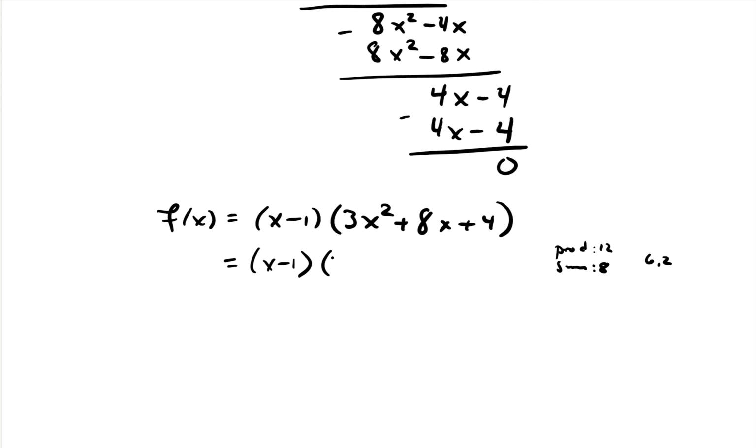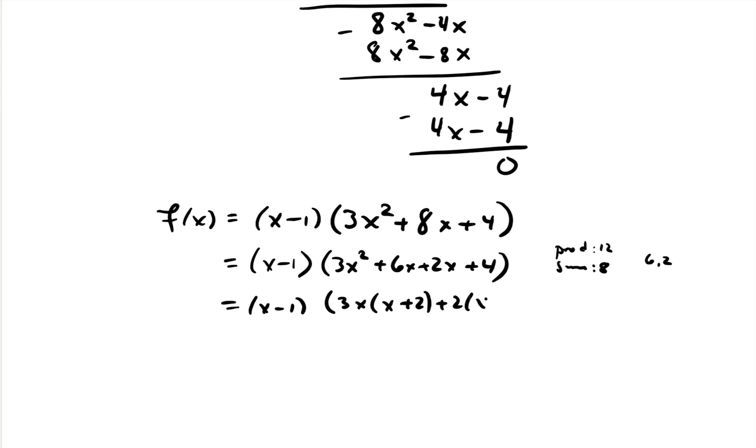So that's 6 and 2. Whoa, perfect. So 3x squared plus 6x plus 2x plus 4. So I split my middle term. Now I factor by grouping. I get a common factor of x plus 2, and 3x plus 2, and now it's fully factored.